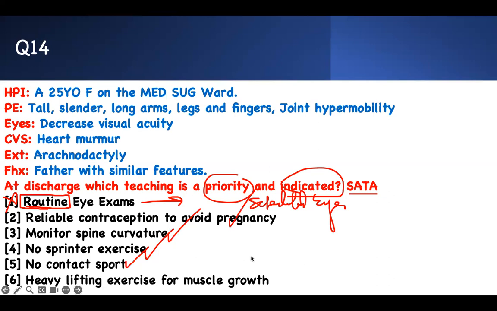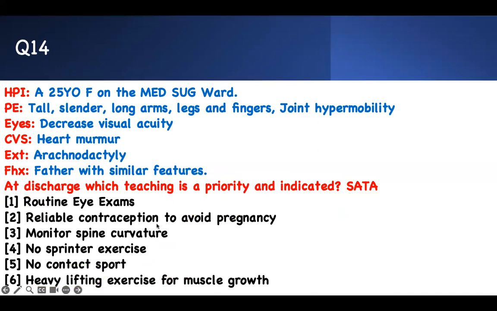And you don't want to build muscle. You can't lift any weight. Don't lift weight because you want to build muscle. No, you're going to rupture your aneurysm because of the strain associated with that. So this patient is wrong. So the right answer is what? 2, 3, 4, 5 are your right answer. So that's what you tell them.